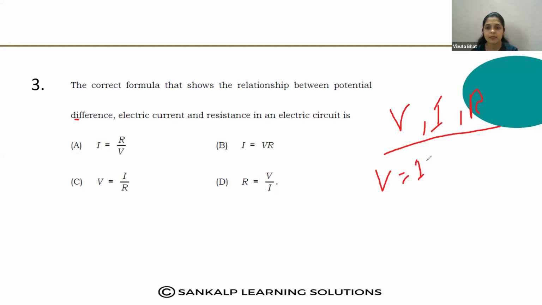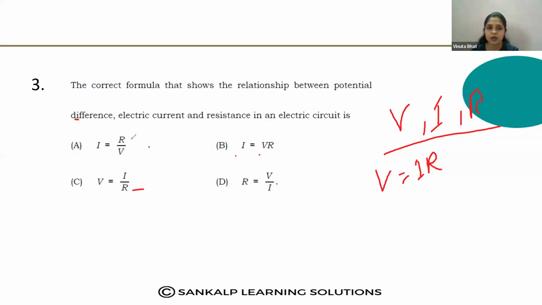Options: I is equal to R by V. I is equal to VR. V is equal to I by R. R is equal to V by I. Which one is the correct one? That we have to find out here.